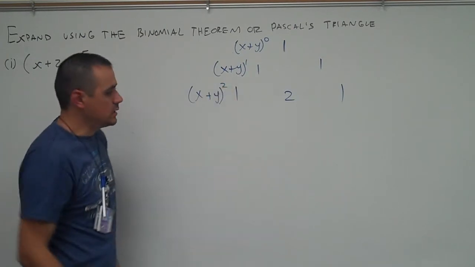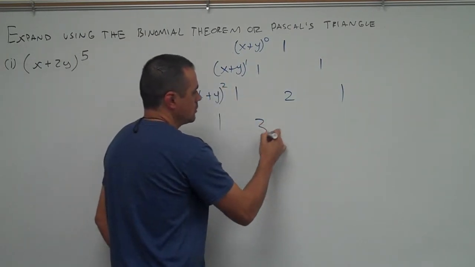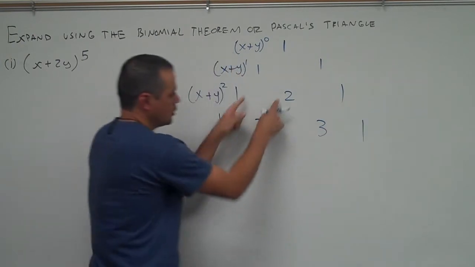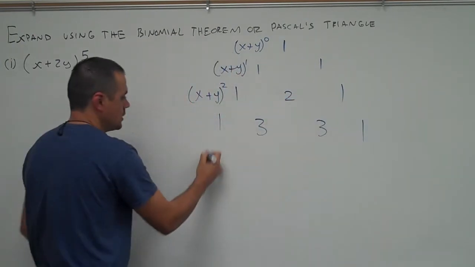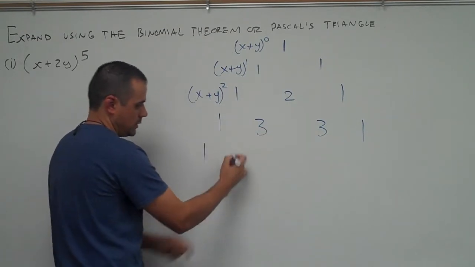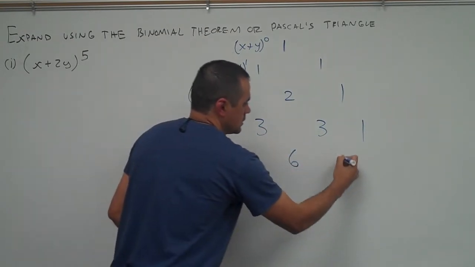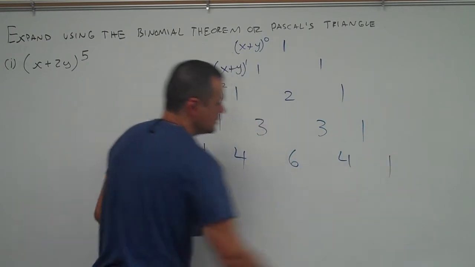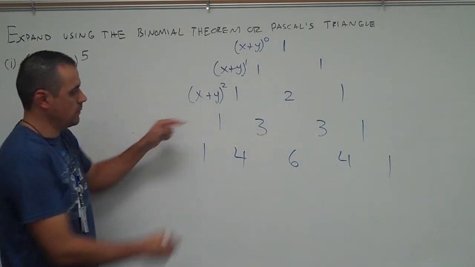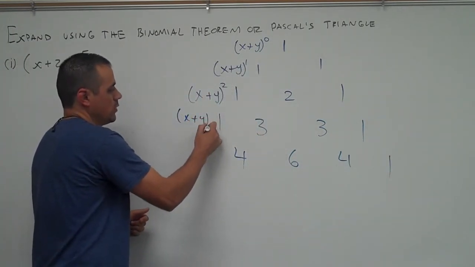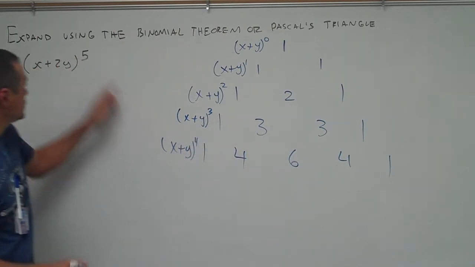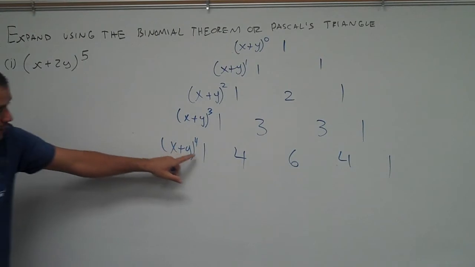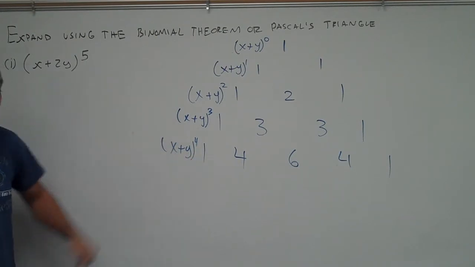To the 2nd, and so here we go. 1 plus 2 is 3, 2 plus 1 is 3, and then you end with 1s, and then at these two, 6, and 4, and then 1s right there. So that's x plus y to the 3rd, x plus y to the 4th, and then since this is to the 5th power, we got to make sure we go all the way down to the power of 5.